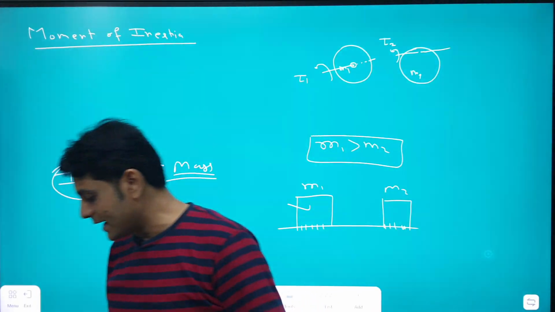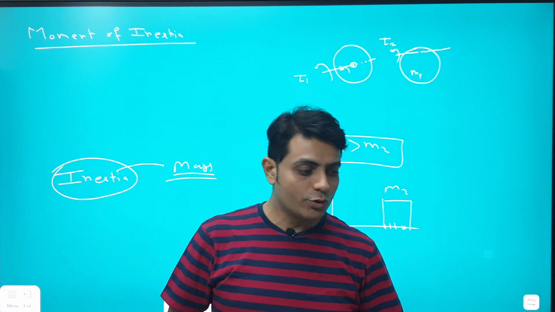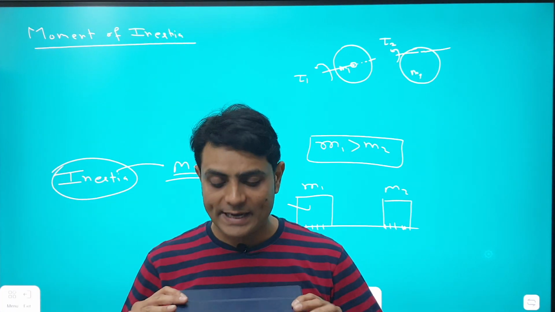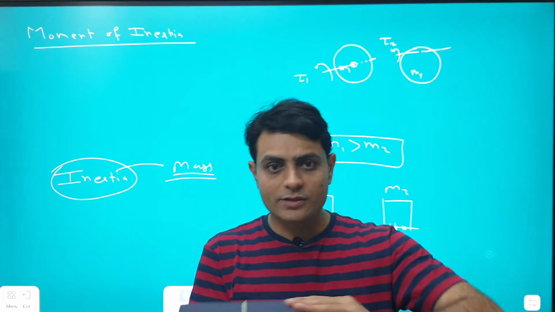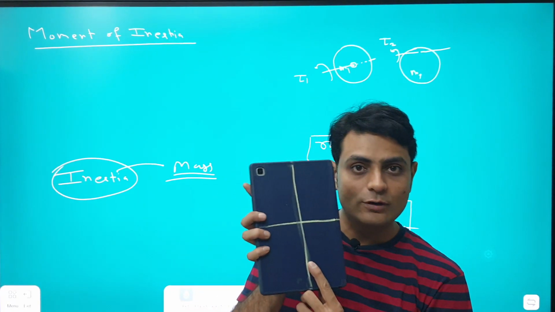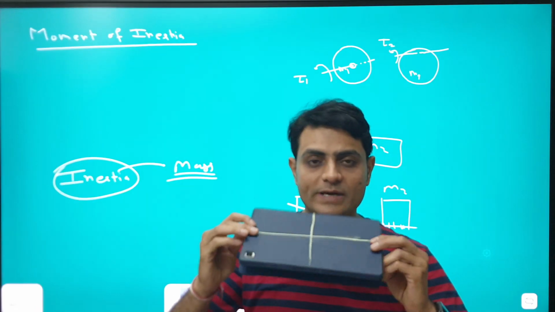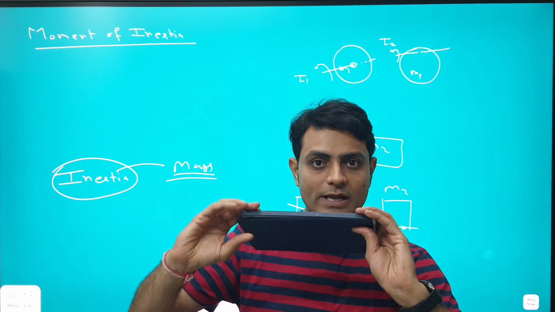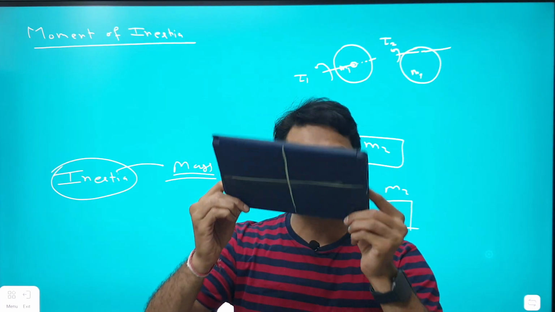You can do this at home also. Take any book and try to rotate it about an axis passing through the center of the book, like this. Then hold the book at the end, and again try to rotate it like this.